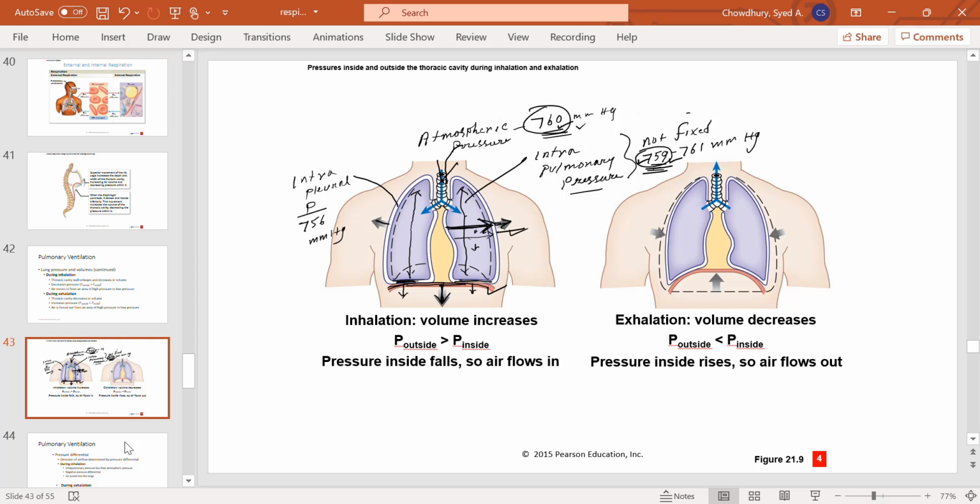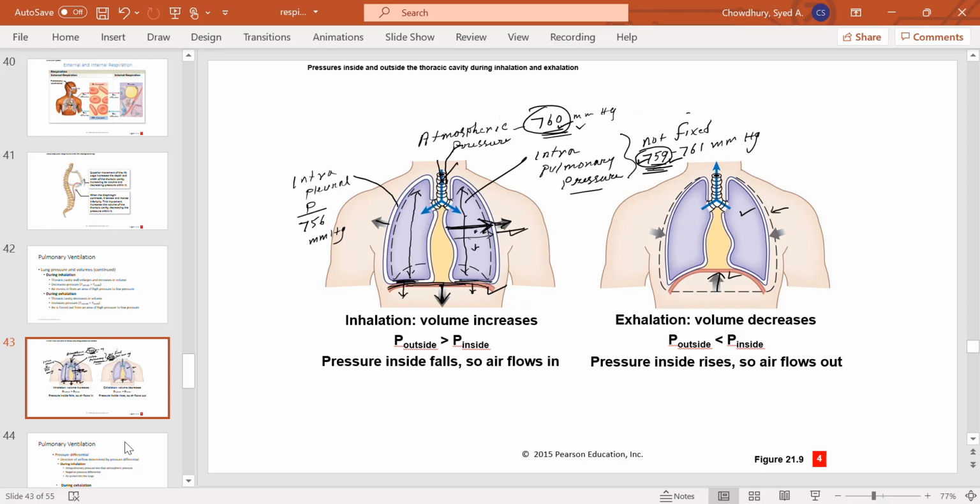And now after inspiration, the diaphragm will relax. So when the diaphragm relaxes, it will go back to its actual position. It will move up, and the intercostal muscles will relax, so the ribs will move backwards, and the lung itself is highly elastic, so the lung will recoil itself because you expanded it by pressure, right?